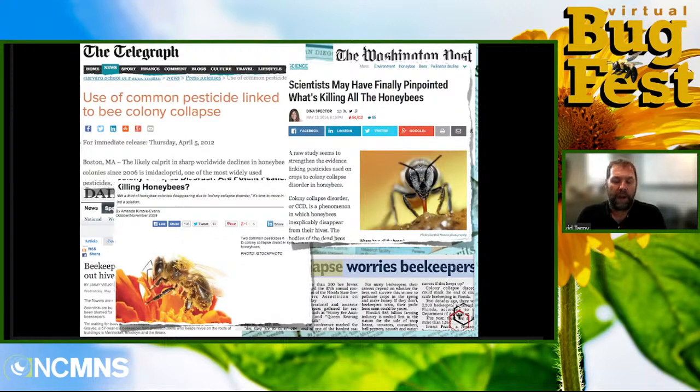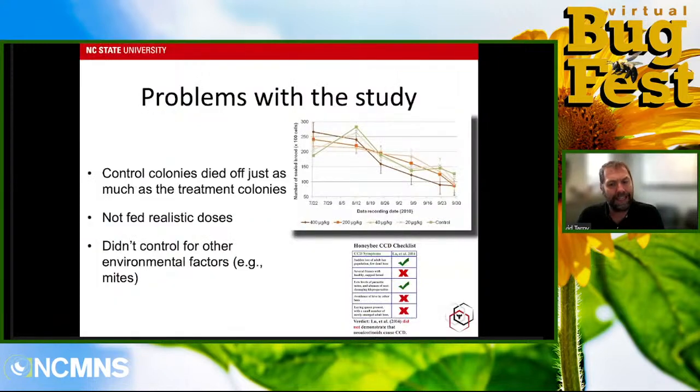But when others have looked into this, or even looked into that very particular study, the media headlines were not really justified, because the control colonies, those colonies that were not fed these pesticides, died off just as much as the colonies that were fed whopping amounts of this pesticide, way more than they would actually be exposed to in the field.